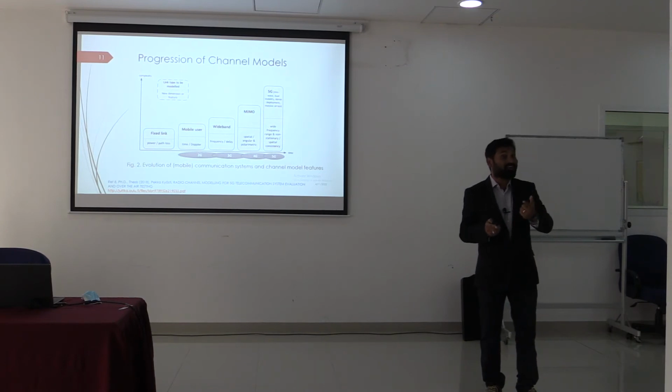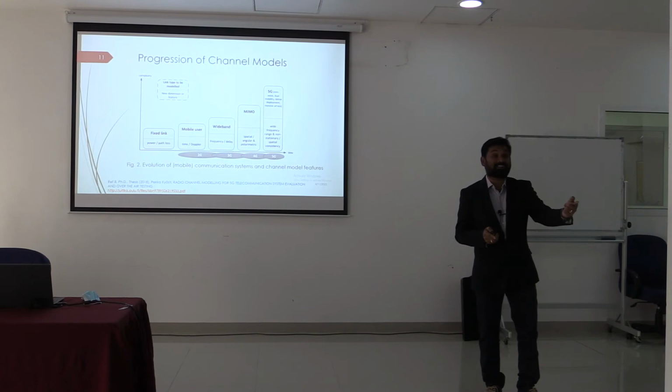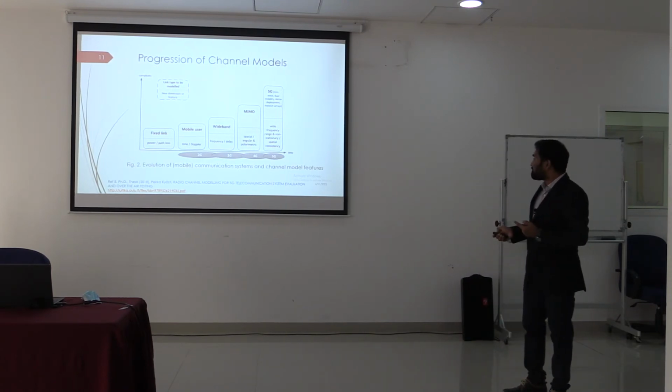So we have to incorporate the correlation parameters with the transmitter as well as the receiver. It is not a simple task to allow the transmitter to move with respect to multiple scatterers surrounding the receiver. So we have to calculate the stationary and non-stationary parameters and spatial consistency.